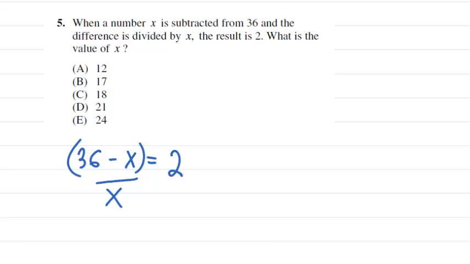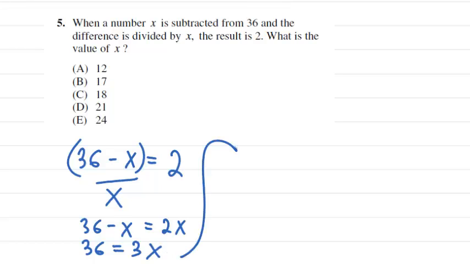Here, one way to solve would be to multiply both sides by x, which would give me 36 minus x equals 2x. Now I can add x to both sides. 36 equals 3x. Divide both sides by 3, and x equals 12. So A would be your answer there.